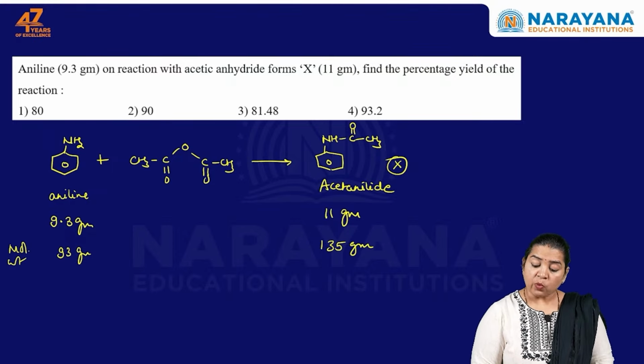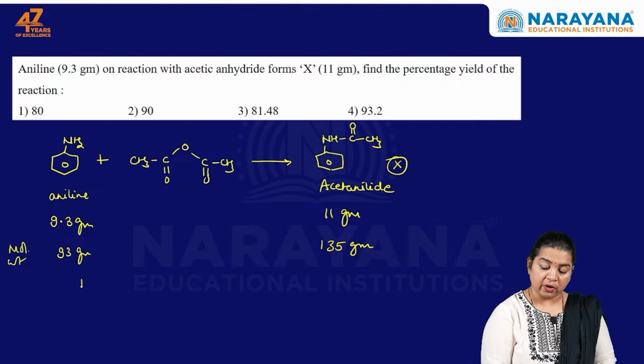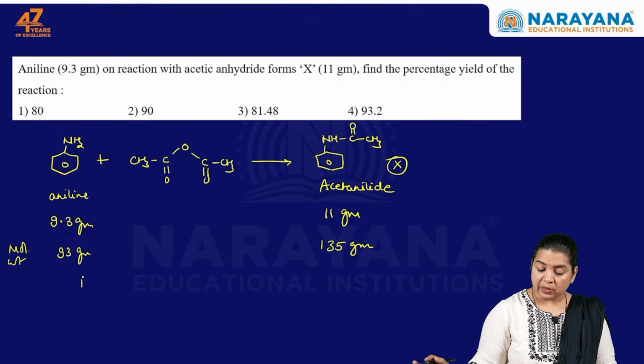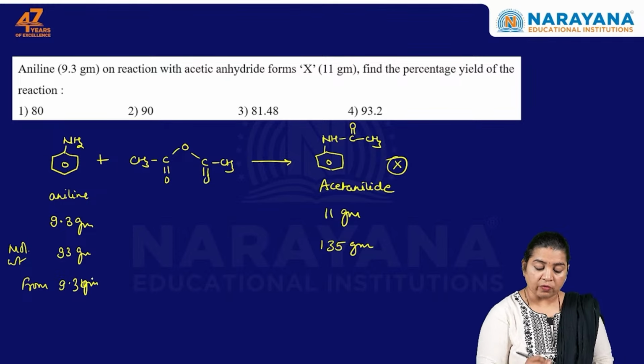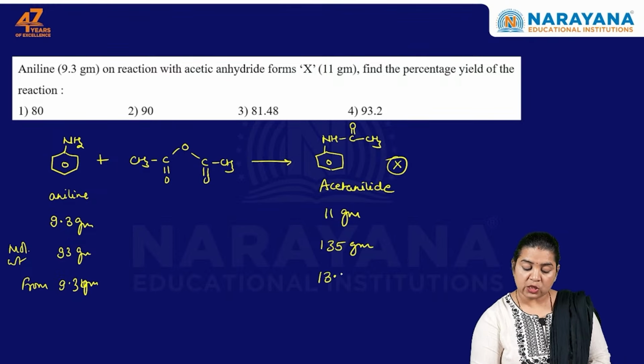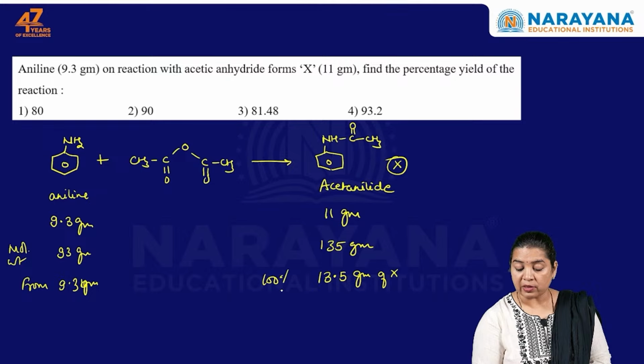If I would have obtained 100% yield, then from 9.3 grams of aniline, I can expect 13.5 grams of X only when the yield is 100%.